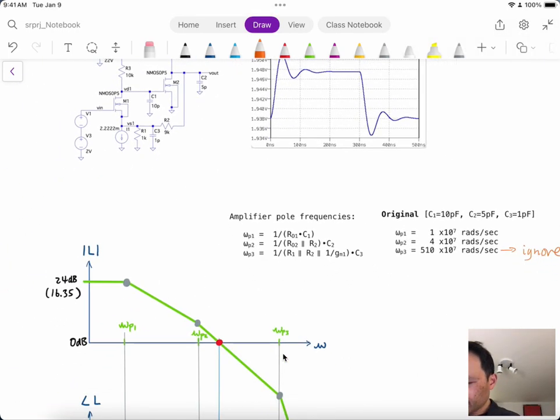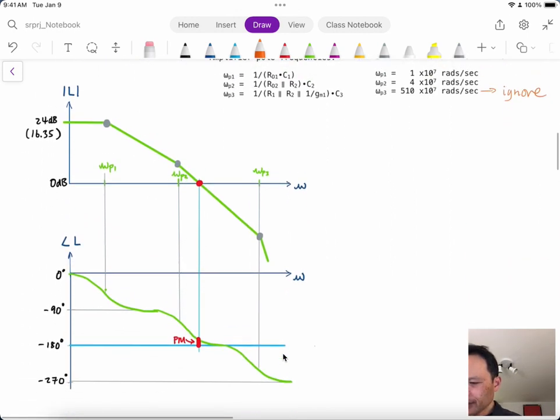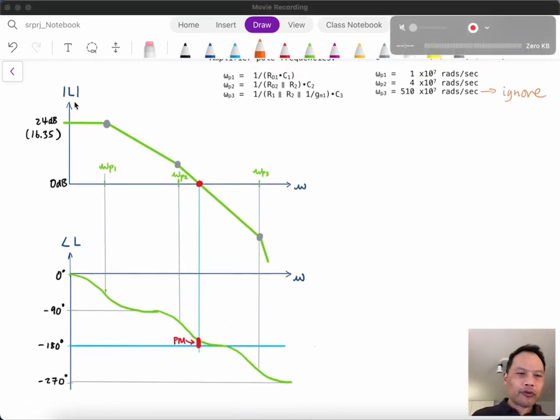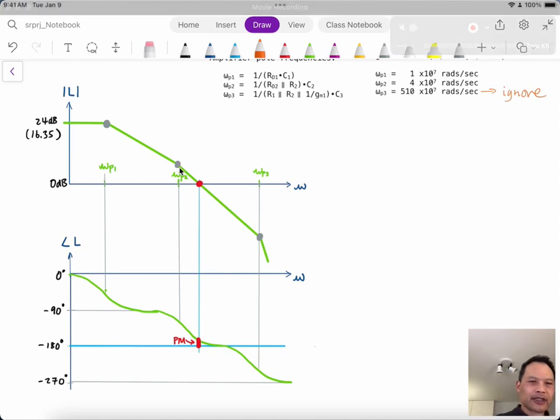And we can see then, here's the loop gain. If we plot the loop gain, it's a Bode plot, with the magnitude plot here and the phase plot, a typical Bode plot from second year. You can see that with a gain of 16.35, that's 24 dB, and the first pole comes in at 10 megaradians, but pretty soon, at 40 megaradians, comes the second pole.